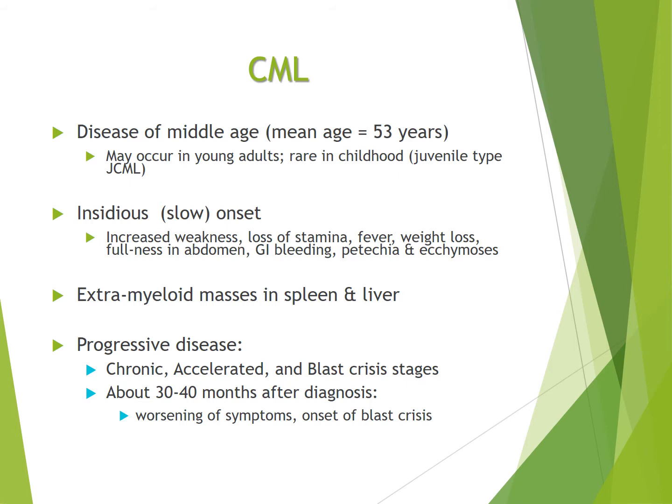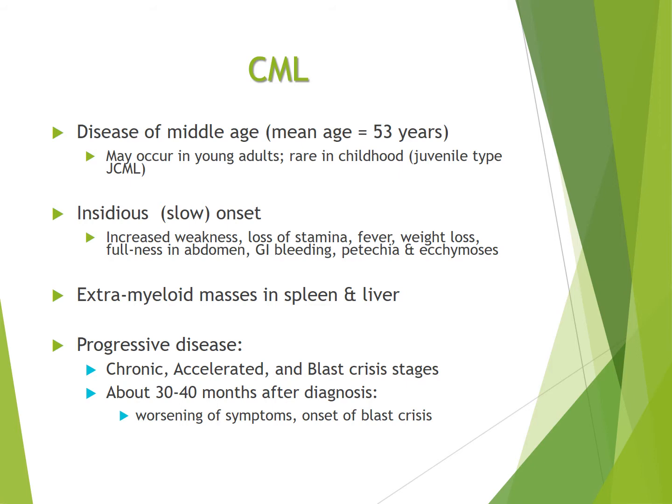Neutrophilia with all maturation stages present, basophilia, eosinophilia, and often thrombocytosis can be noted in the peripheral blood. CML occurs at all ages, but is seen predominantly in those aged 46 to 53, and represents about 20% of all cases of leukemia.